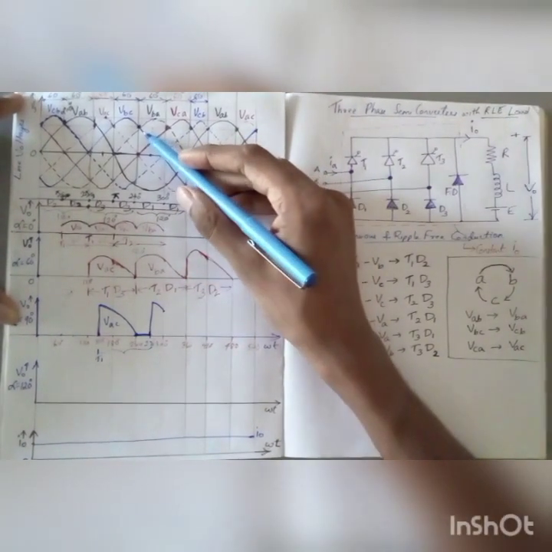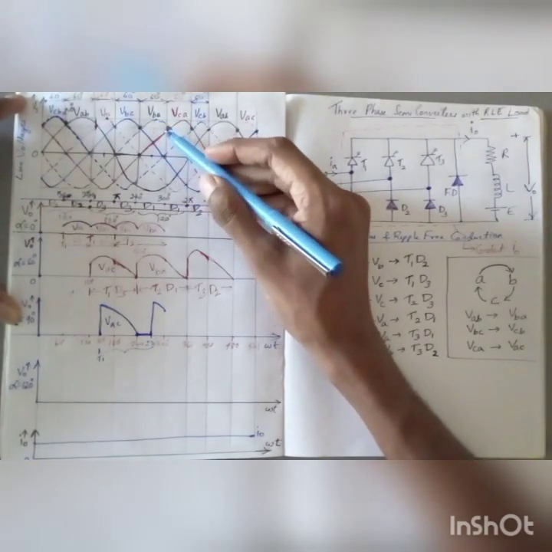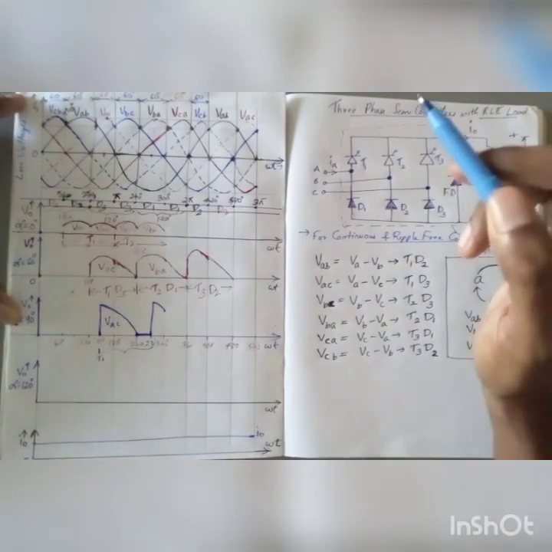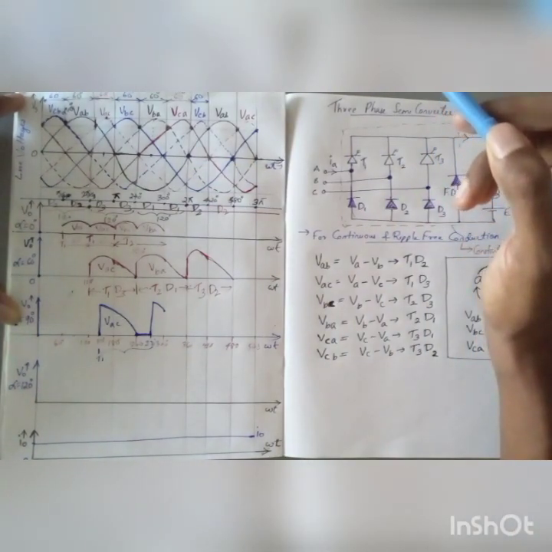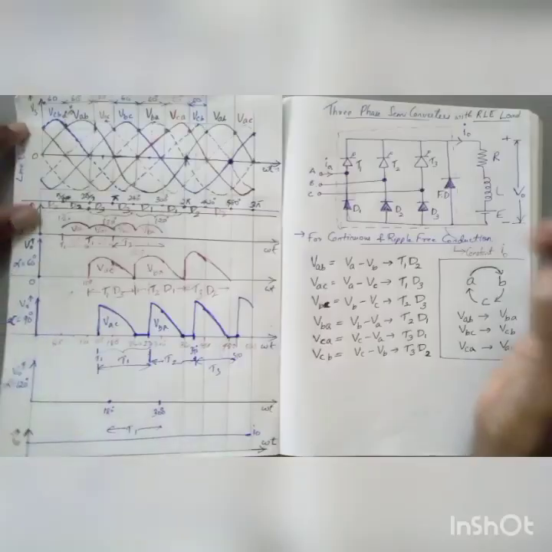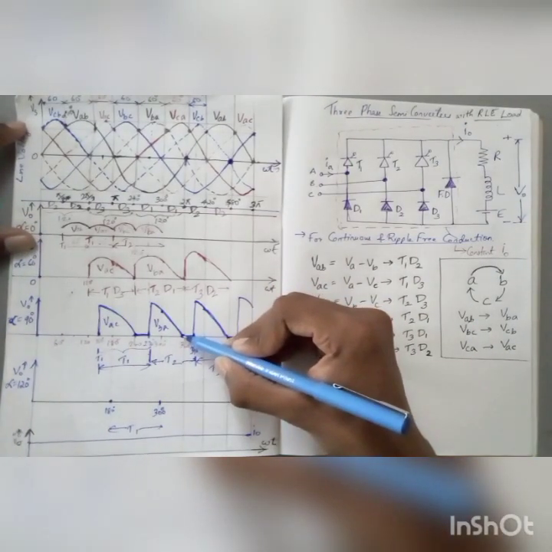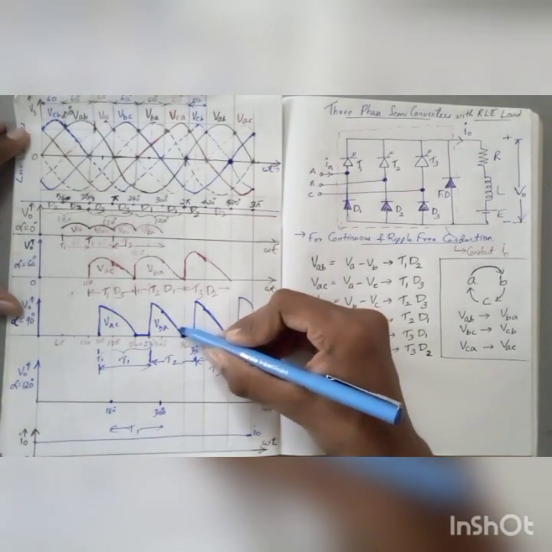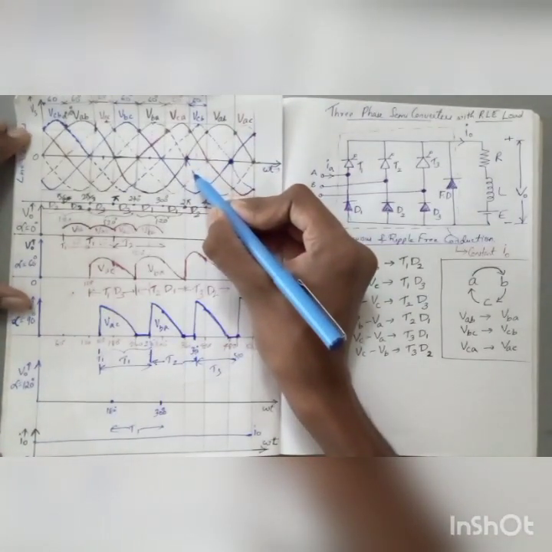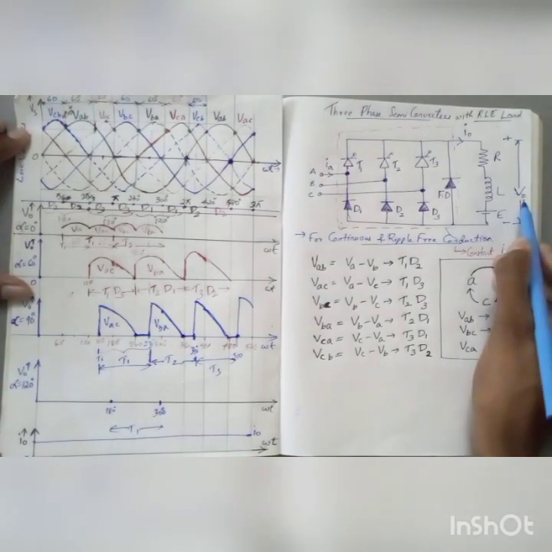So what will be the voltage across V0 from 300 to 360 degrees? Which devices are conducting? T2 and D1. So VBA. After 360 degrees, VBA will move to the negative side, then V0 will have a tendency to become negative.